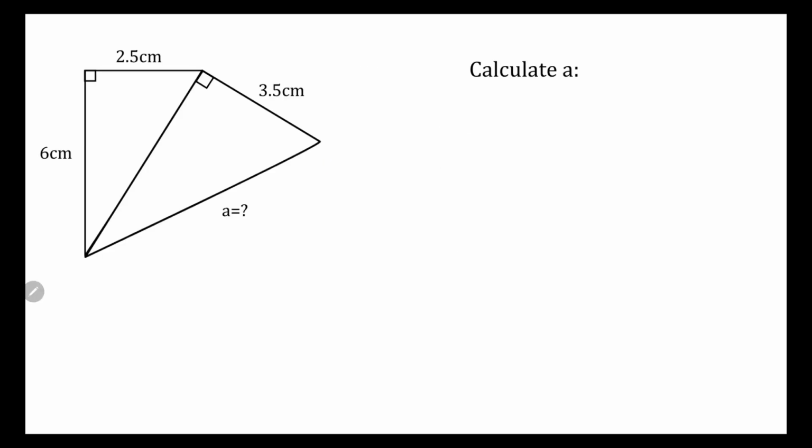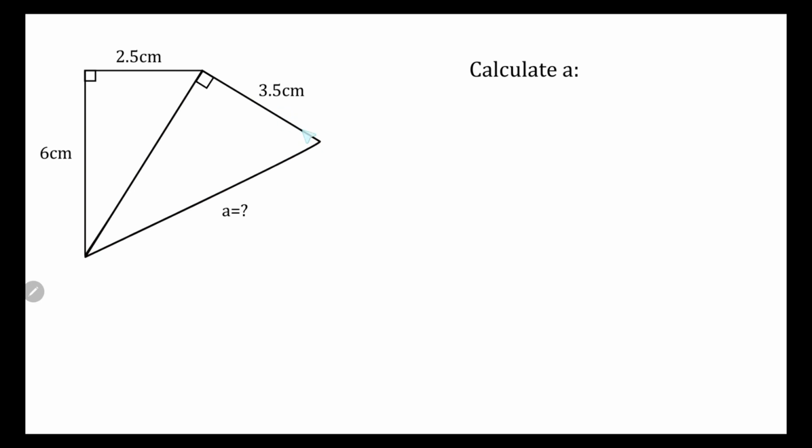Now moving on to a more tricky example, you can see that it kind of looks like a kite that is split into two. It's split into two right-angled triangles, so now you know you can use the Pythagorean theorem. So how I would look at it is I would firstly look at this triangle.